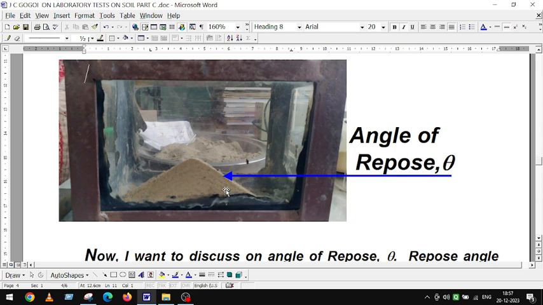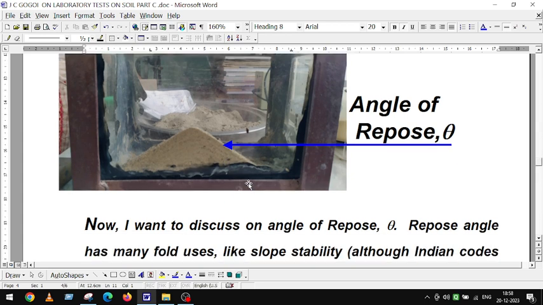It may be 1 in 2, 1 in 3, whatever it may be. All soil has a tendency to retain particles with one another to maintain some slope. We name it theta.